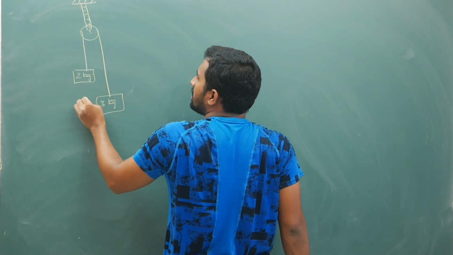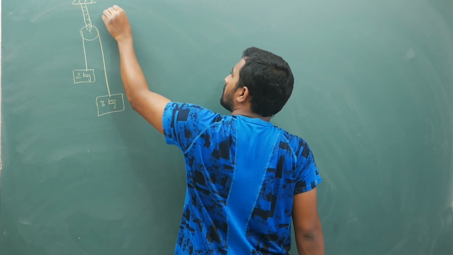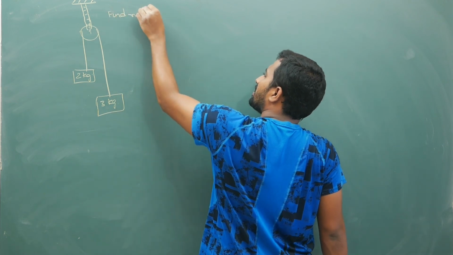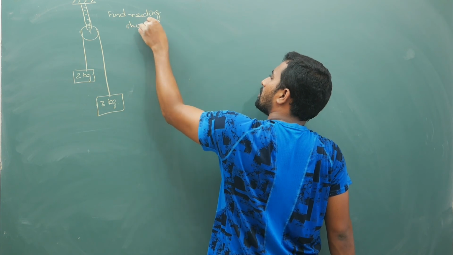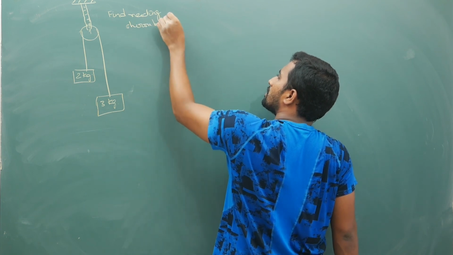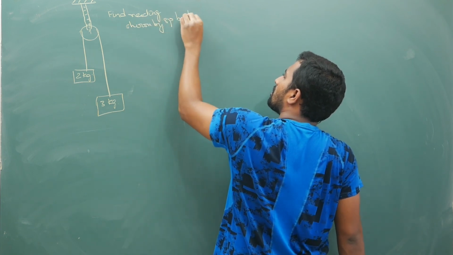Now what is the reading shown? Find the reading shown by the spring balance.